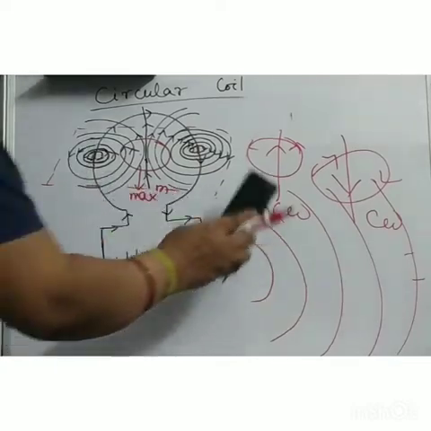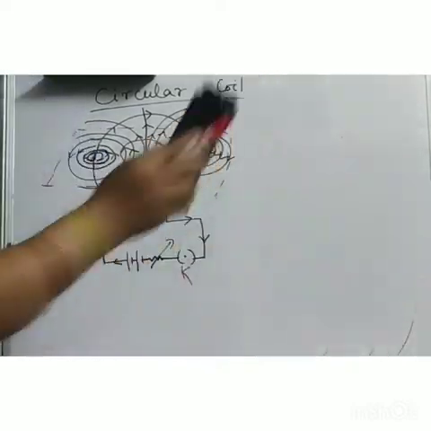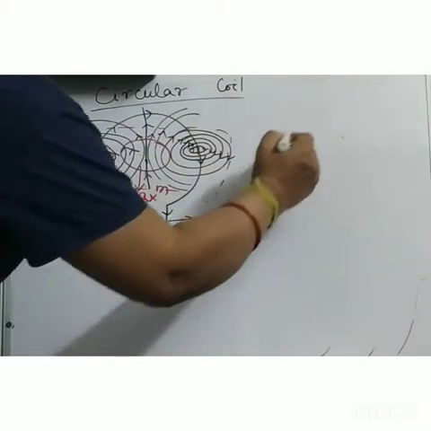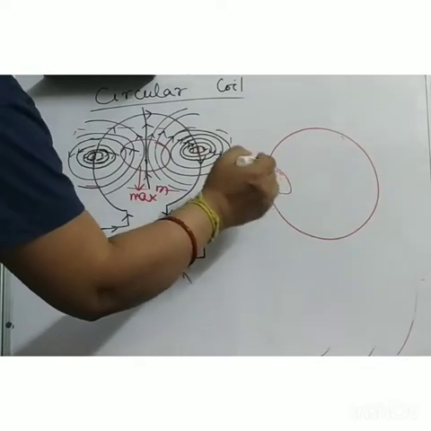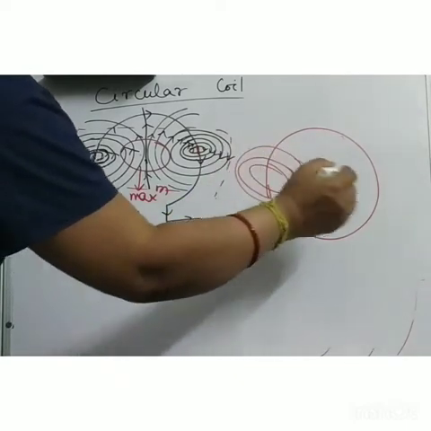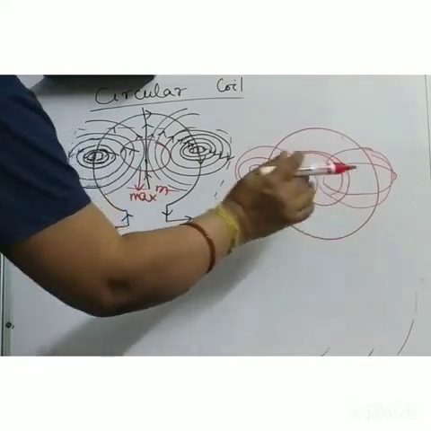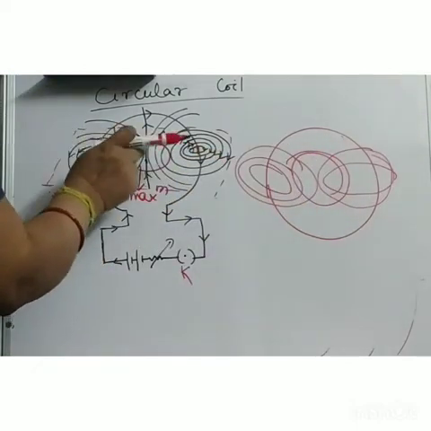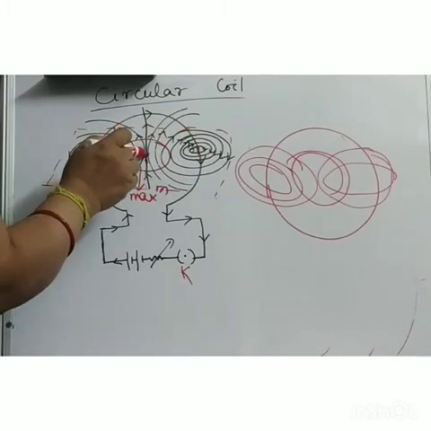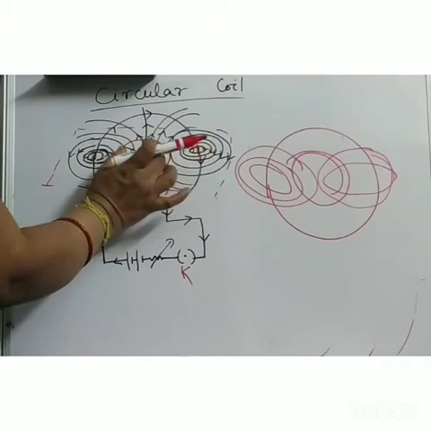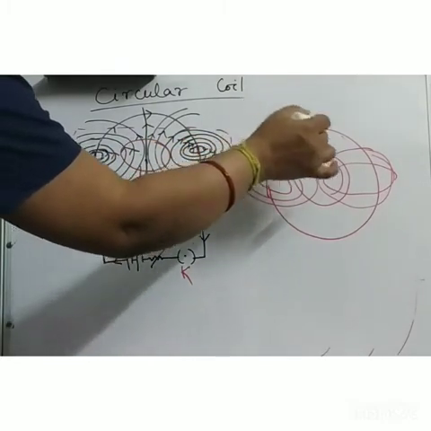Another way to look at it is like this. Suppose this is your circular coil. At each point there will be a magnetic field. See, here also there is a magnetic field. At the center, this is the combination of both magnetic fields, and the fields are in the same direction. That means the field is getting added up near the center. Here, at the point of contact, the field lines will again be like this.